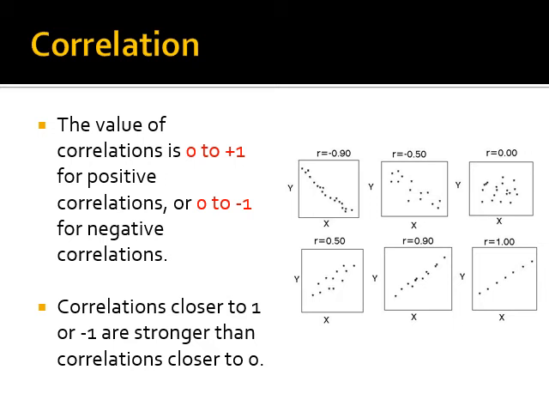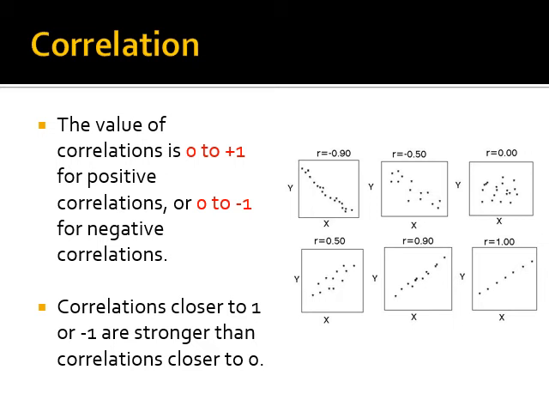Bottom left you have r equals 0.5. This is a positive correlation. As one increases, the other increases. The dots are not quite as clustered as closely together as you'll see next, which is r equals 0.9. Those dots are clustered much closer together and approximate a much closer fit line. Even closer together, slightly to the right, is r equals 1.0.